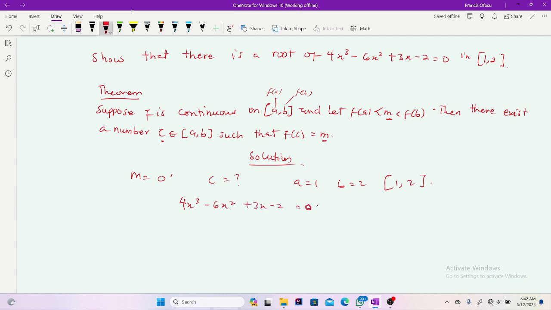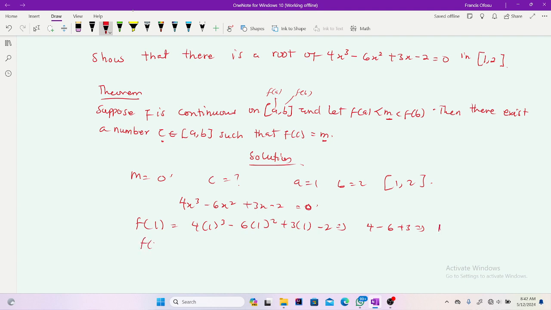So at this point, I need to find my f of a. What's my f of a? f of 1 equals 4 multiplying 1 cubed minus 6 multiplying 1 squared plus 3 multiplying 1 minus 2, right? So I'm getting 4 minus 6 plus 3, and this equals negative 2 plus 3, and that is 1, right?